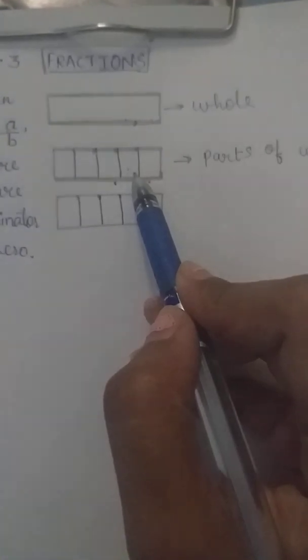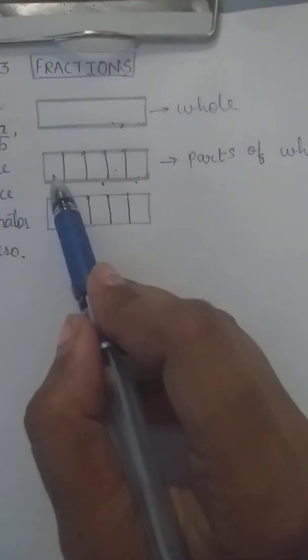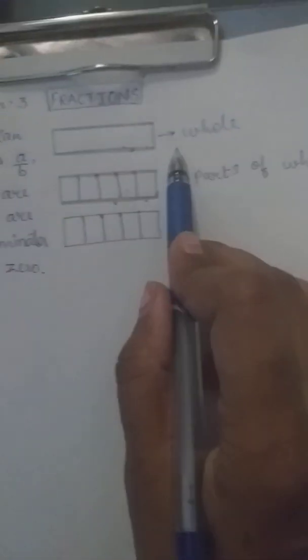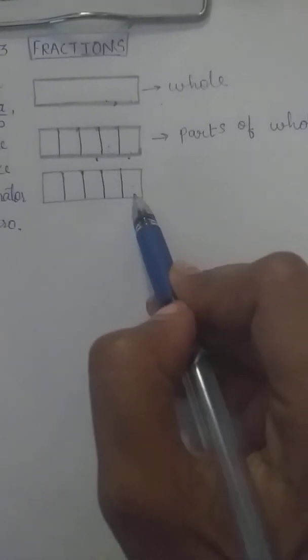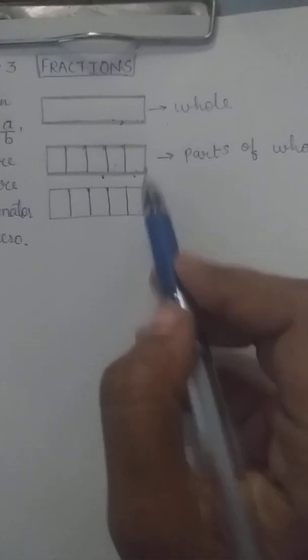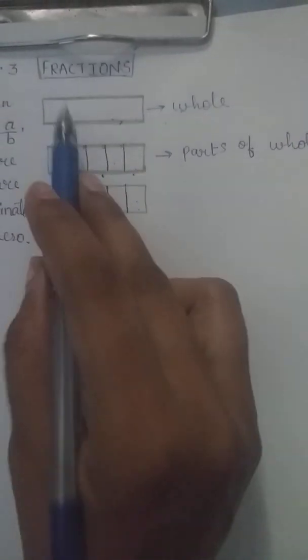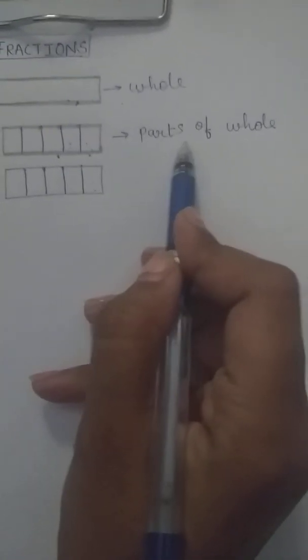Similarly, in the second rectangle, I have divided the rectangle into 5 equal parts. See, 1, 2, 3, 4 and 5 parts of the whole rectangle. Same like this I have drawn another rectangle. So this whole part indicates the whole rectangle, and here is the division of the same rectangle into parts of the whole.